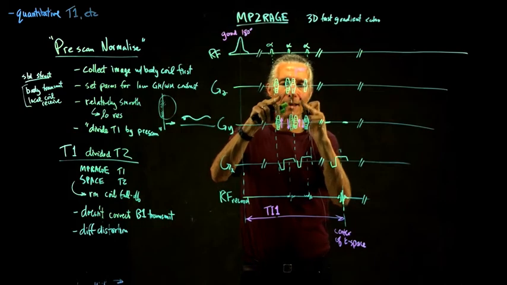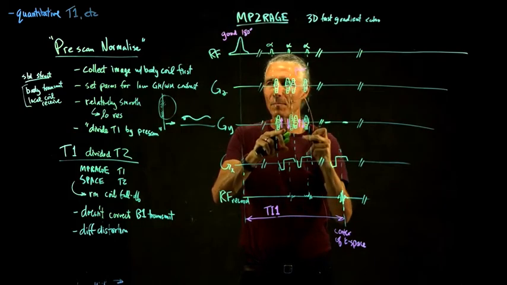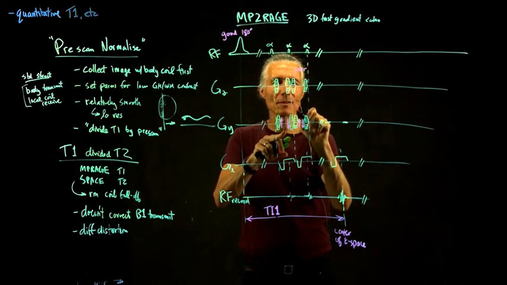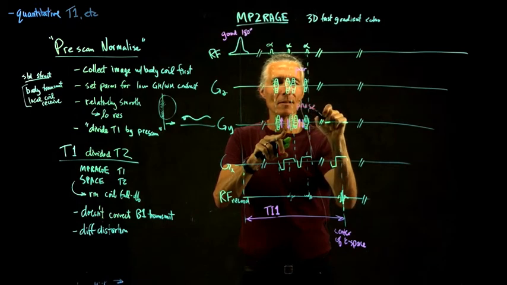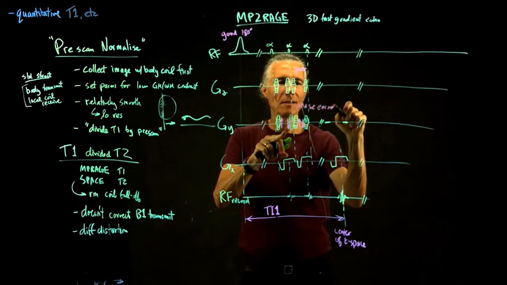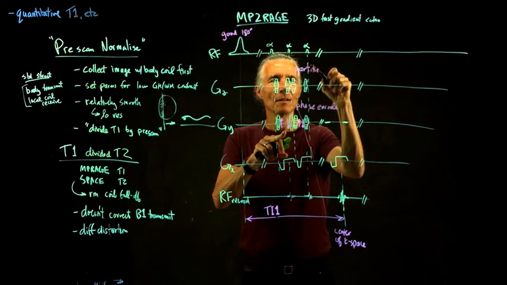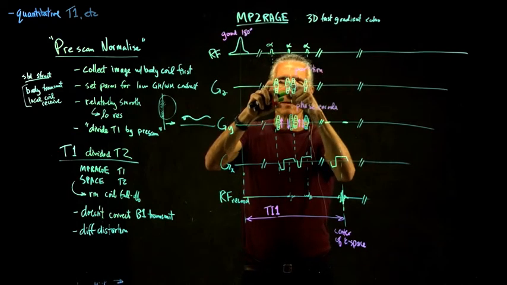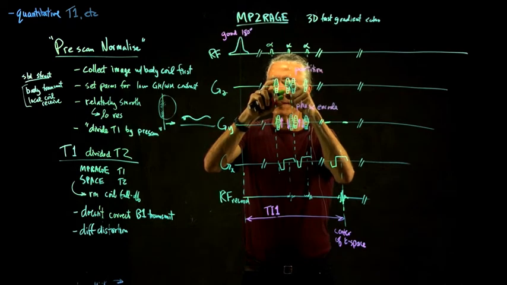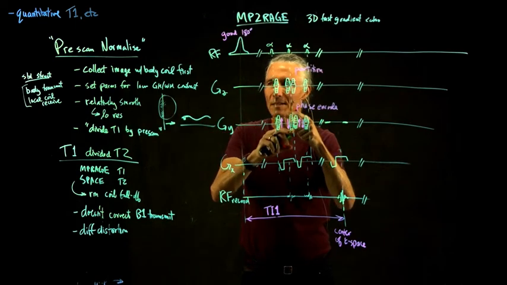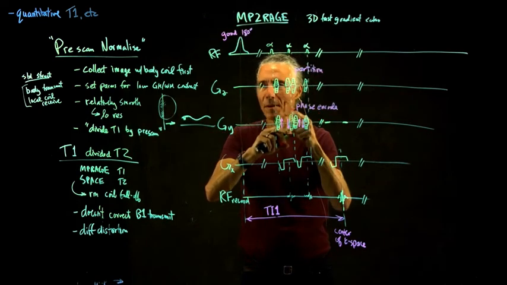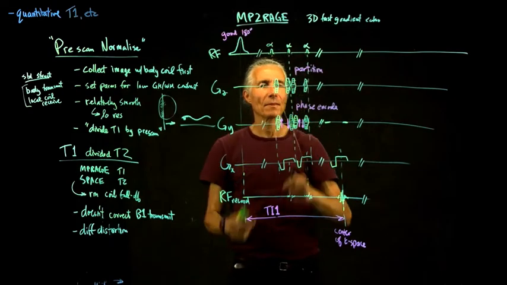These would all be the same, and then we would cycle through all the different possible combinations of phase encode. So this is the phase encode direction, and this guy is the partition direction. So we would pick a particular setting of the partition gradient, go through all the possible combinations of phase, pick another one, go through all the possible combinations of phase.